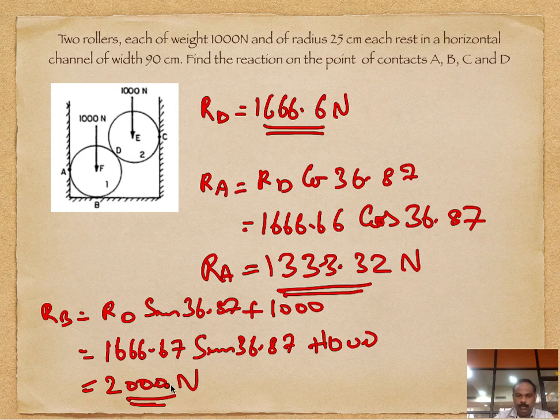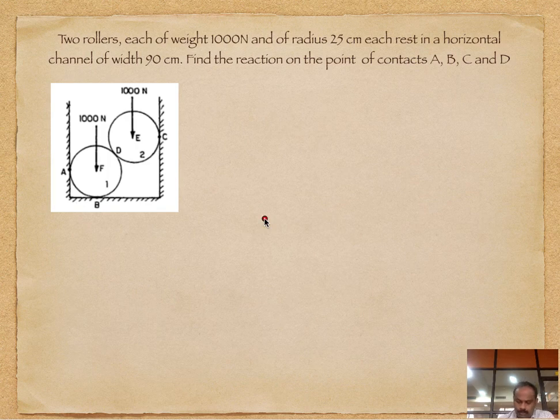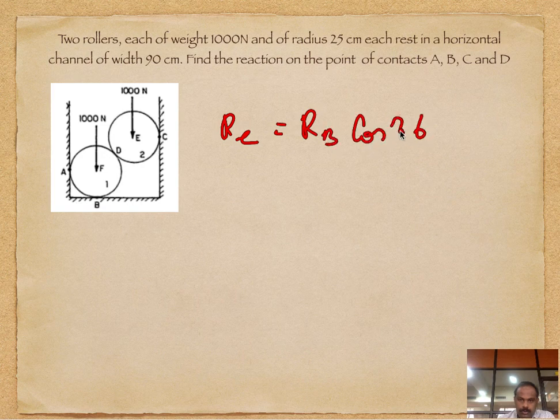Now we need to find one more, which is RC. RC we know from the sigma h equation of the second roller, which we equate to 0. So RC is equal to RB cos 36.87 degrees.